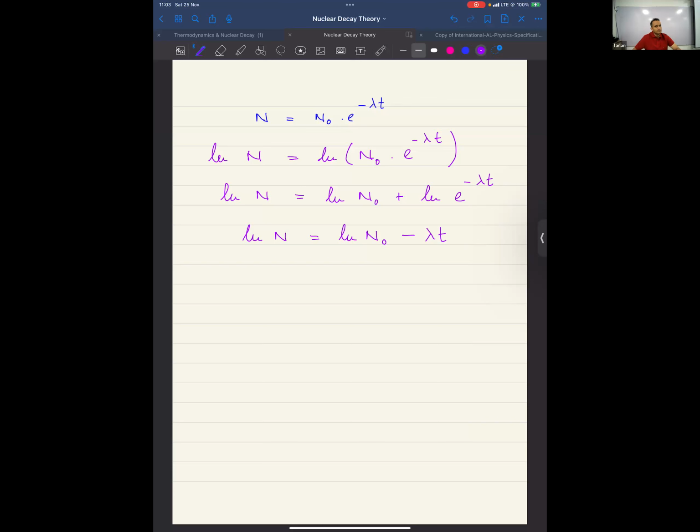Agree? Do you understand this? So this is another form of the same equation in the logarithmic form: ln N equals ln N naught minus lambda t. You can use this as well. Okay, take it down.